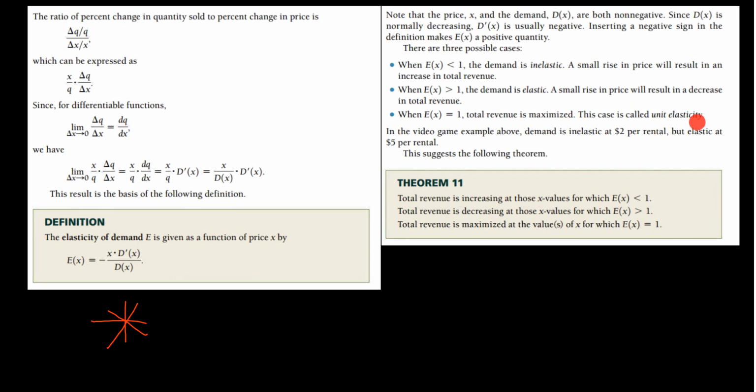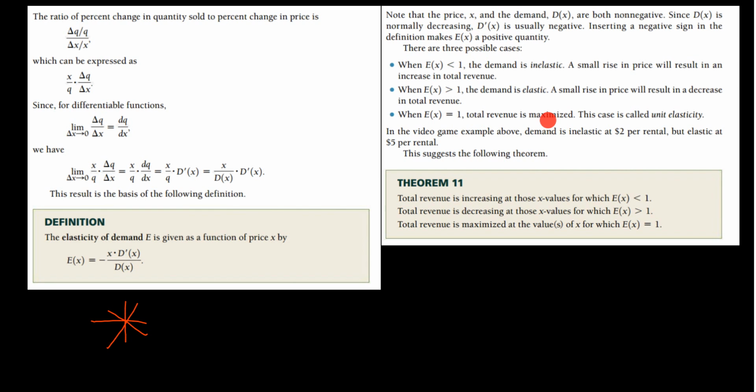So in mathematics, whenever we talk about 1, we usually refer to it as units. Like the unit circle, if you're familiar with it, is a circle with a radius of 1. A unit of measurement would be 1 unit, right? So we usually deal with 1. So whenever the elasticity is equal to 1, we maximize it, okay? And we kind of have that concept already embedded in us, right?